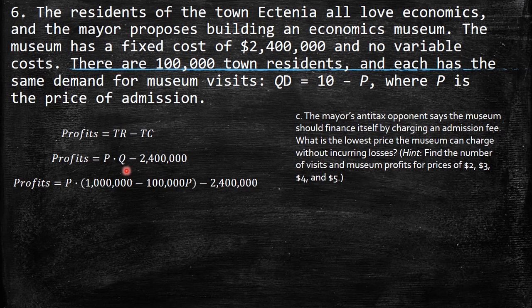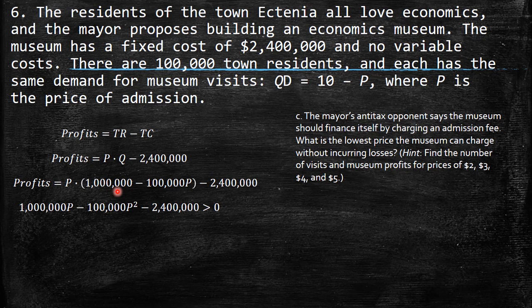Then you can represent Q as 10 minus P. But remember that you have 100,000 residents. So 100,000 times 10 is 1,000,000, and 100,000 times 1 is 100,000. Then you multiply that. It's going to be P minus P squared, minus the fixed cost.